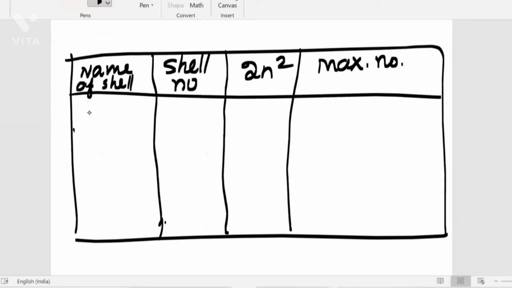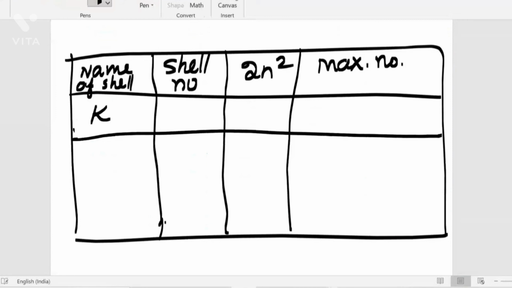So here I'm dividing, first one K shell. K means first shell, shell number 1. The shell number means n. 2n square means 2 into 1 square, which is 2 into 1.